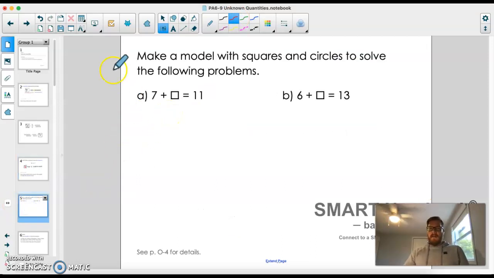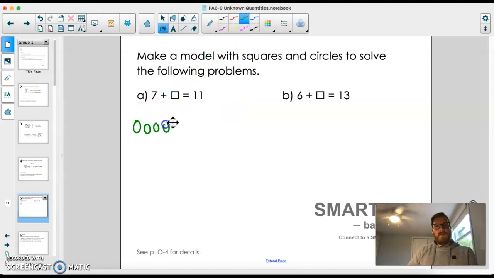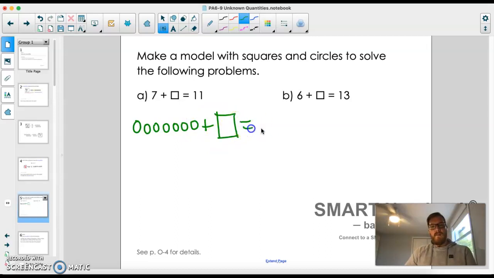And you can make a model here for these two problems as well. Here we would have 1, 2, 3, 4, 5, 6, 7 plus the unknown would equal 1, 2, 3, 4, 5, 6, 7, 8, 9, 10, and 11. So 7 plus, and we know it's going to be 4, is going to equal 11.